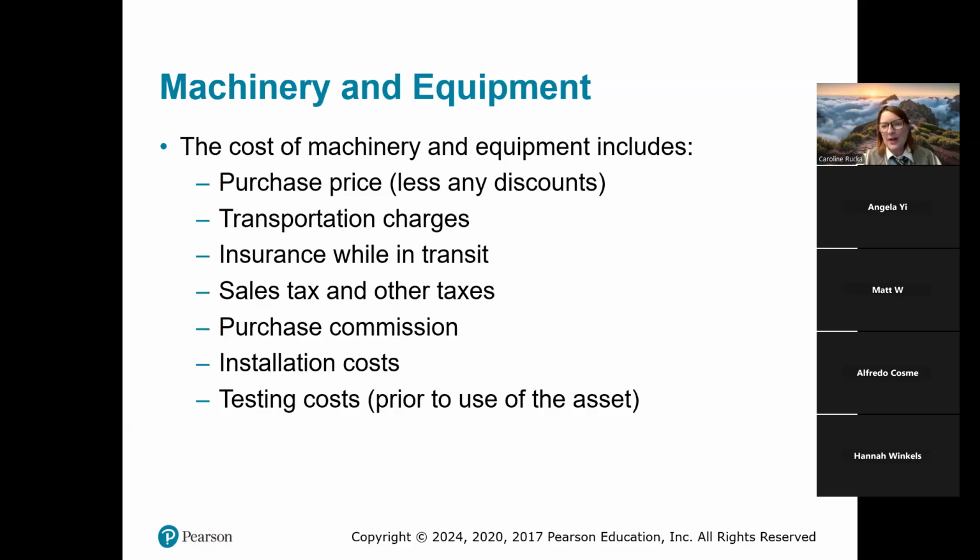Okay, so machinery. Let's say that you're a manufacturer, and you need some machines to build your widgets and thingamabobs.